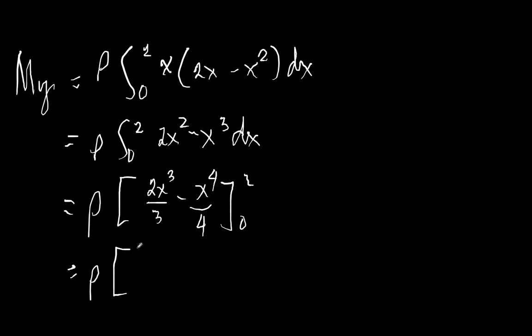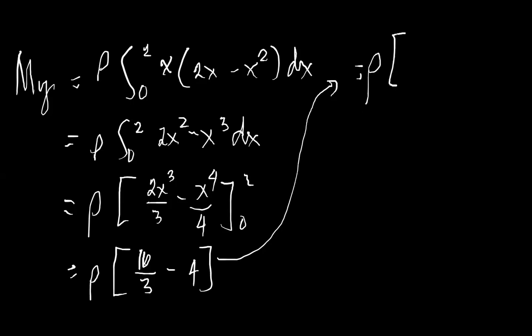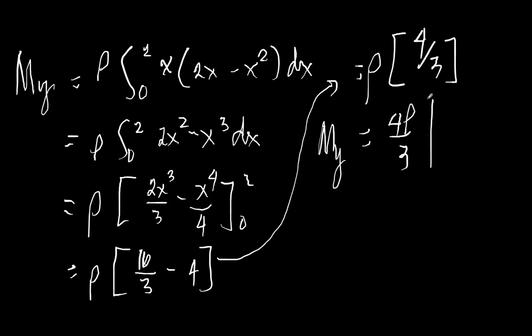So this becomes 16 over 3 minus 4, right? And let's simplify. So rho times 4 over 3. Therefore, our M sub y is equal to 4 rho over 3. Okay, so we have already found M sub y, and we're done with step number 3.